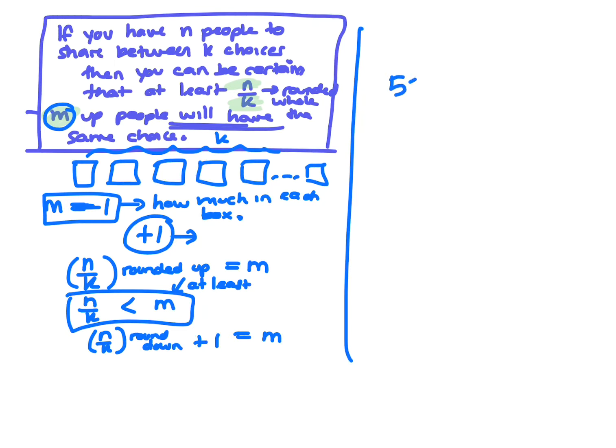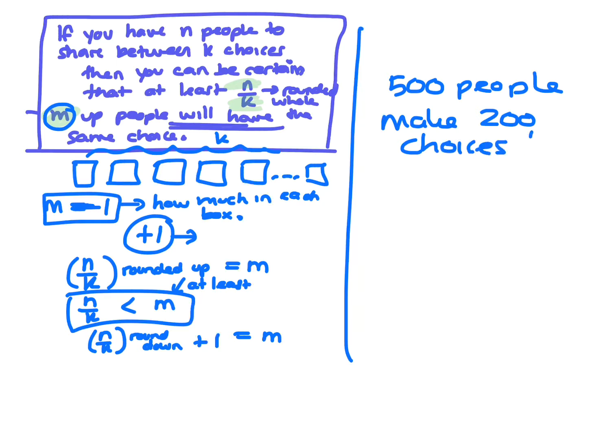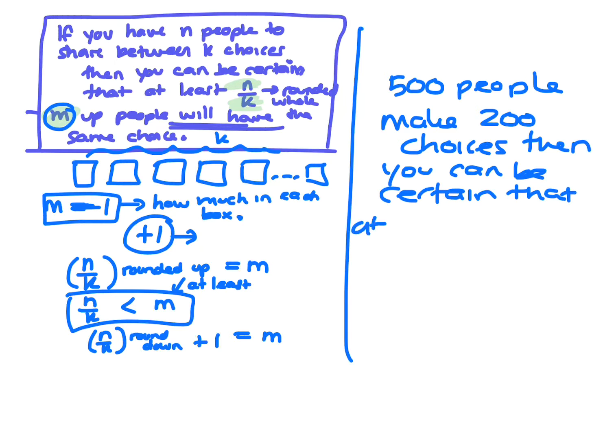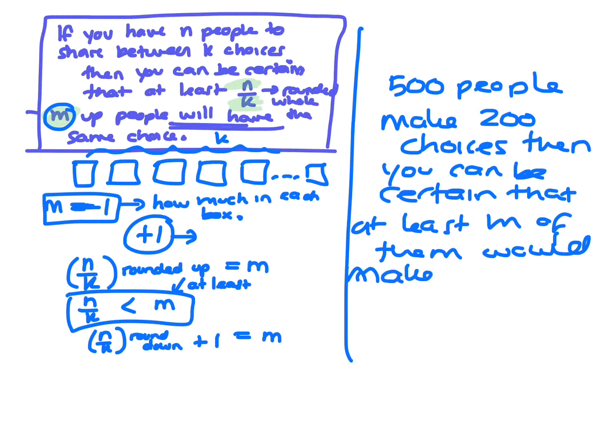So if you have 500 people and they make 200 choices, then you can be certain that at least m of them would make the same choice.